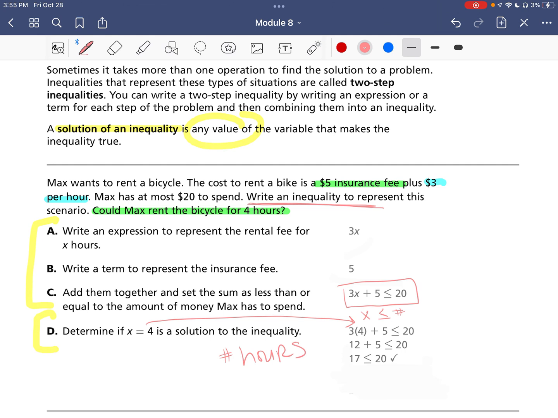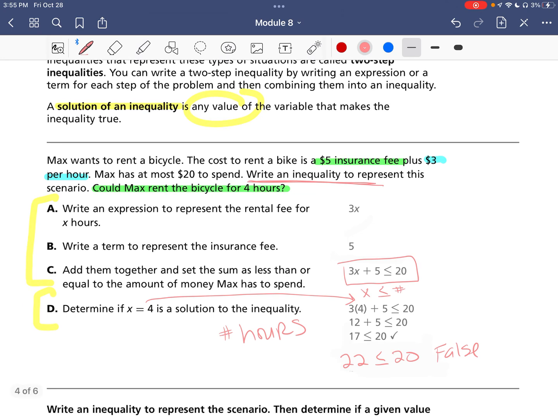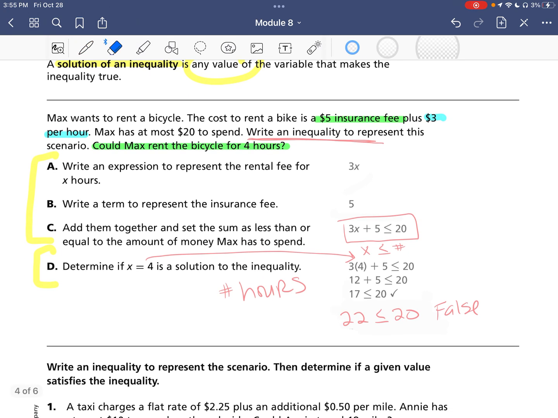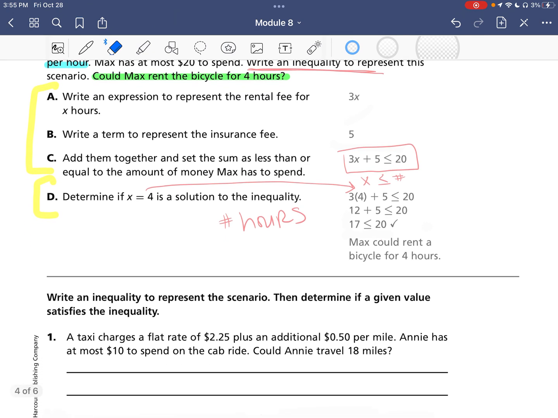And if it makes a true statement, which it does, then it is possible. If it would have made something like 22 is less than 20, a false statement, then it would not have been possible. He could not have rented the bike for the 4 hours. So because he can, Max could rent a bike for 4 hours.